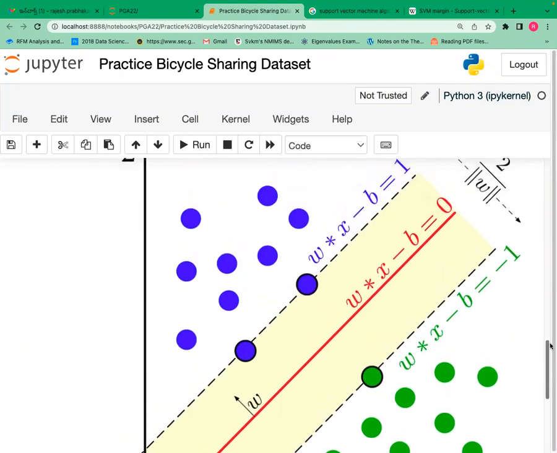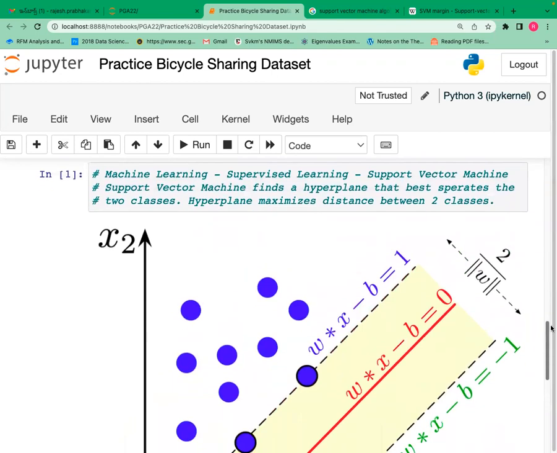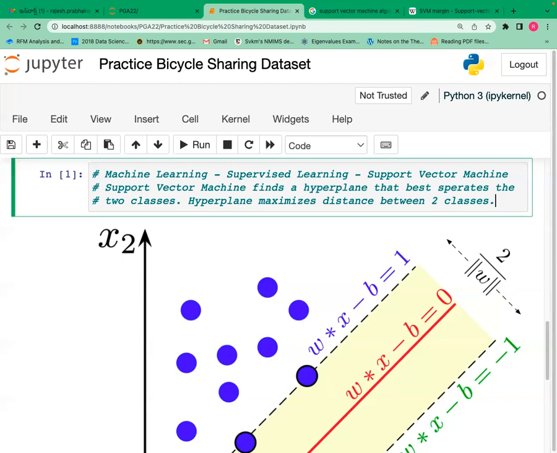The red line is the hyperplane with an equation w into x minus b is equal to 0. So the red line is the hyperplane that separates both the classes. And it draws the hyperplane in such a way that it maximizes the distances between the two classes, or the margin between two classes.